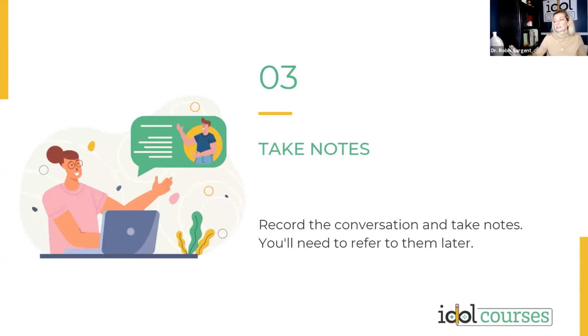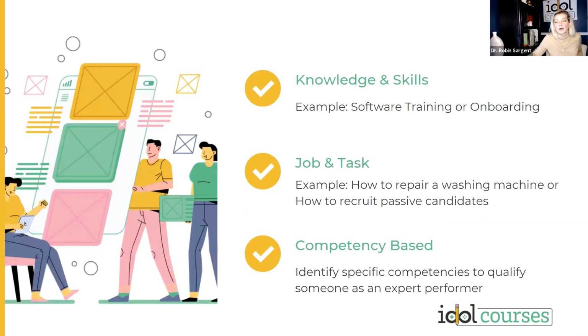All right, and so like I said, record the conversation and take notes. You'll probably refer to them later. Now, when you are done with your kickoff call and you're thinking back to all the things that they shared with you, there are many different types of needs analysis that are useful to determine the type of training.